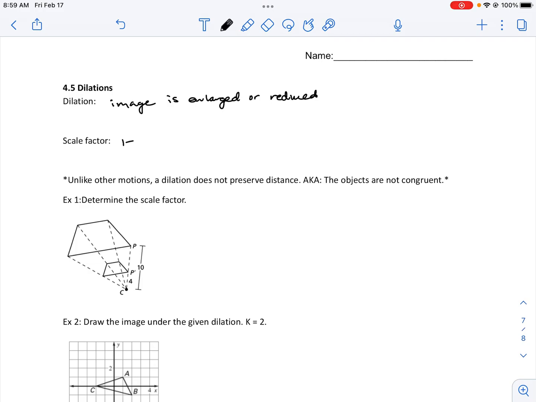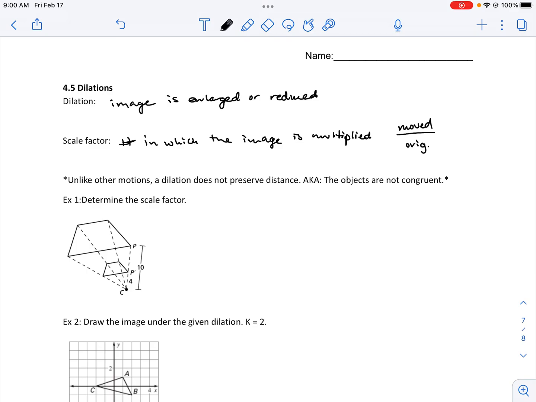So this is your number by which the image is multiplied. To find the scale factor, it's the moved over the original. And we'll talk about that with example 1.